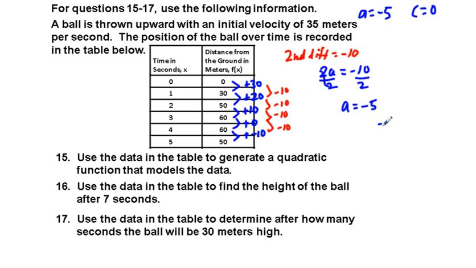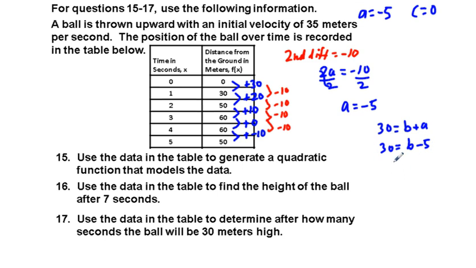So we're going to say 30 is equal to b plus a. And a equals negative 5, so 30 is equal to b minus 5.